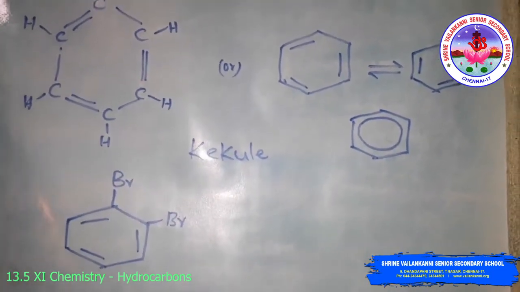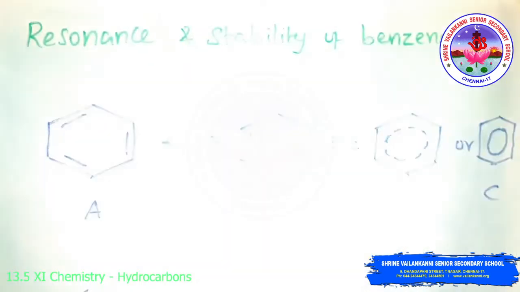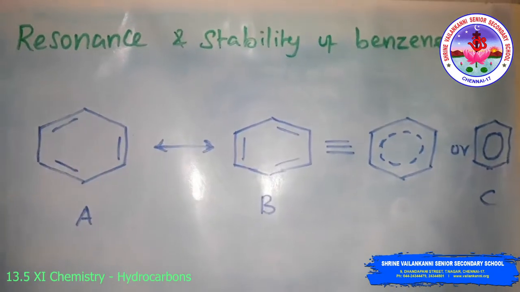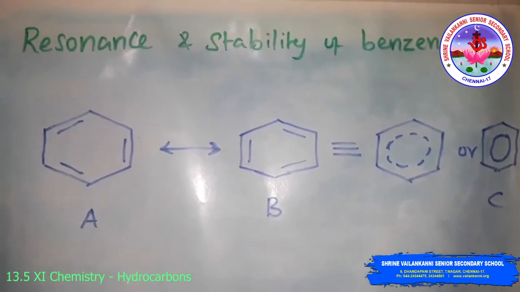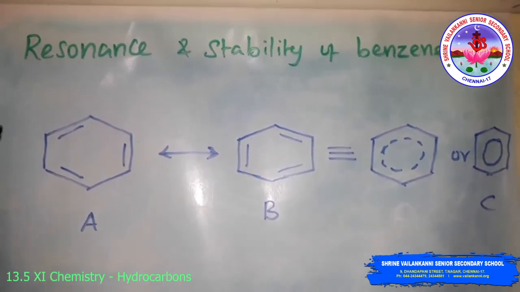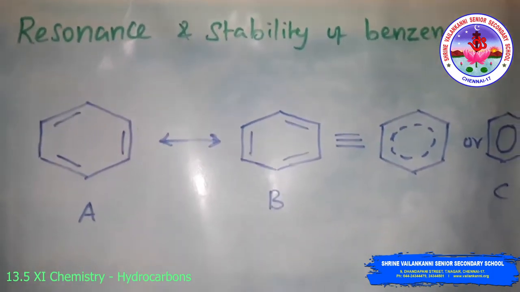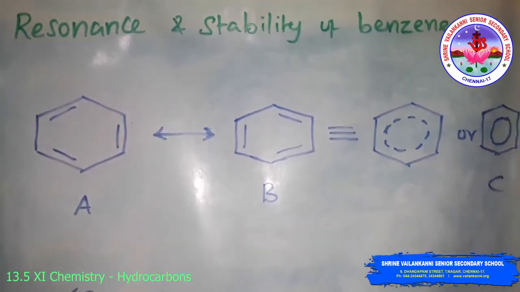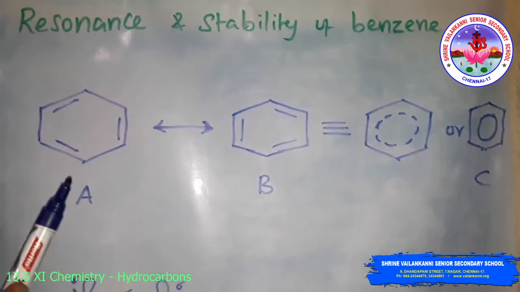Okay. Next is the resonance and the stability of benzene. See, according to the valence bond theory, the concept of oscillating double bonds in benzene will now be explained with the resonance hybrid. Benzene is the hybrid of various resonating structures. The two structures, A and B, are given by Kekulé.